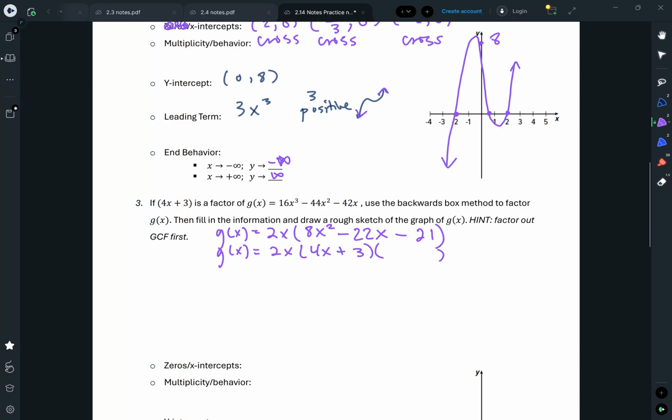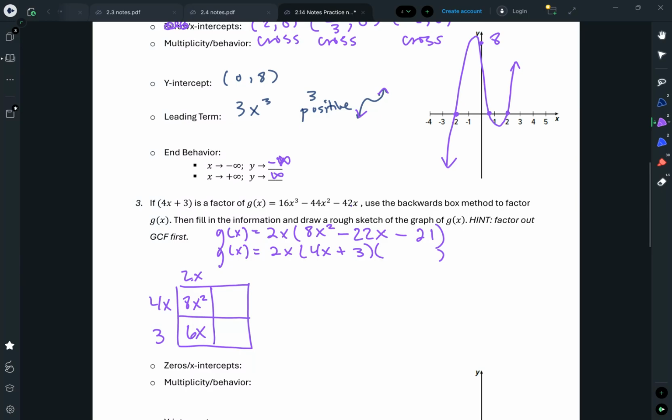So let's go ahead and put this in a box. Really, I could just do kind of my normal factoring here. I'm not sure what the best way to do this is, but it's going to just kind of be my normal box, right? So this would be an 8x squared. This is going to be a 4x and a 3. So this is going to be 2x, because 2x times 4x would be 8x squared. This one's going to be 6x.